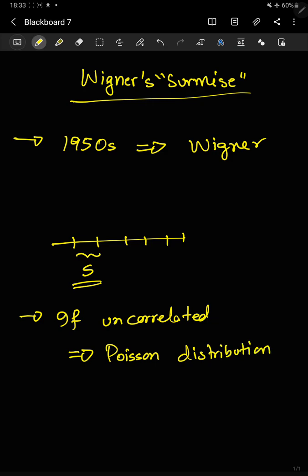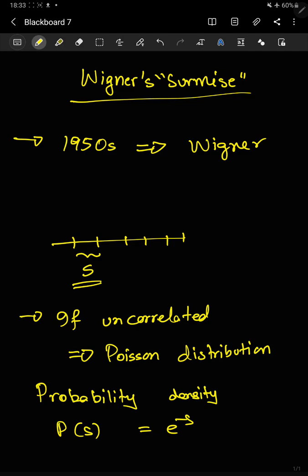So note, this is a very large system. That's why we need a distribution. It's a heavy nucleus. They have various levels of energies. So we need a distribution to describe the probability. If they are uncorrelated, they would follow a Poisson distribution, and their probability density would be, let's say, like this.